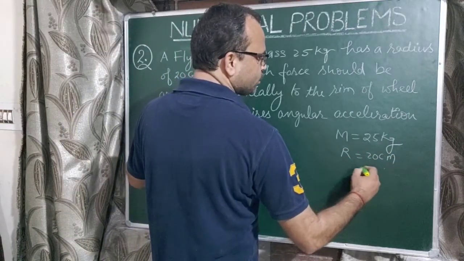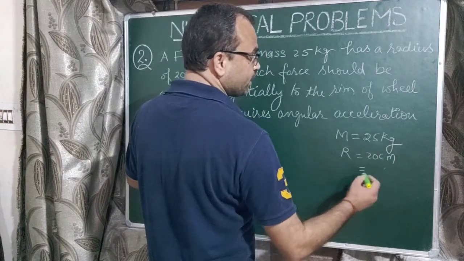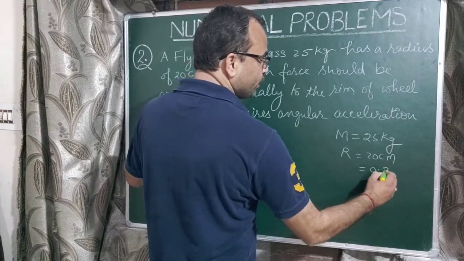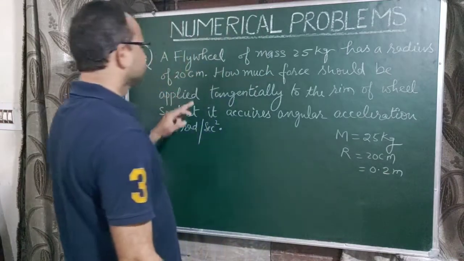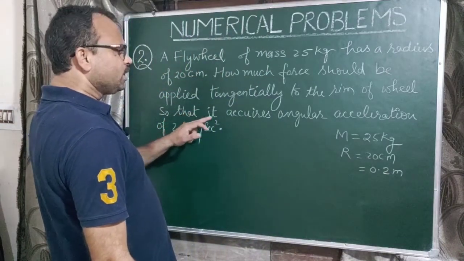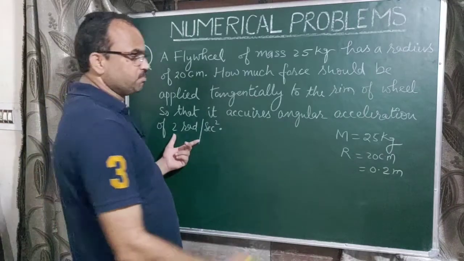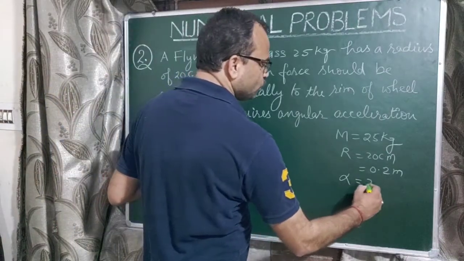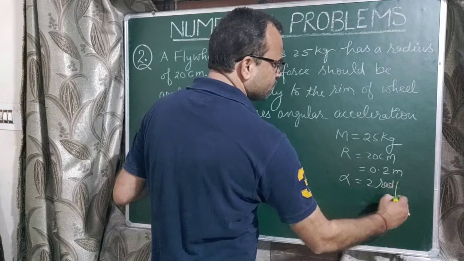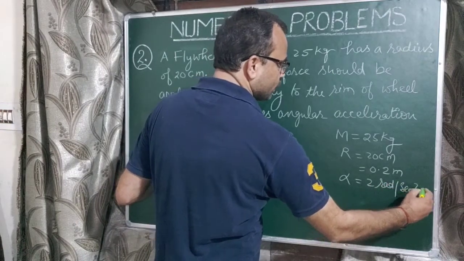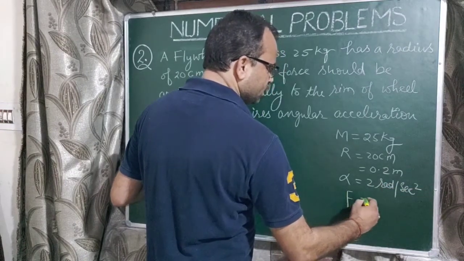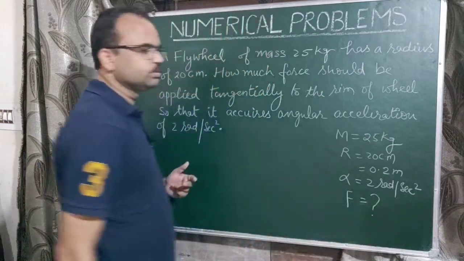So first we convert 20 centimeter into meter by dividing by 100, means 0.2 meter, right? And angular acceleration alpha equal to 2 radian per second square. We have to find the value of applied force.